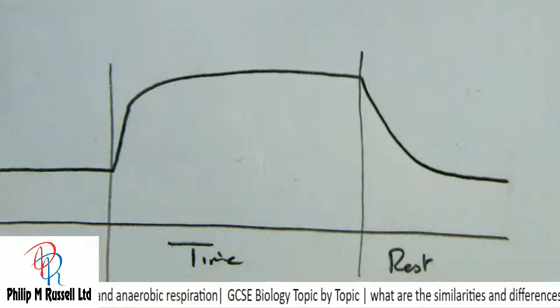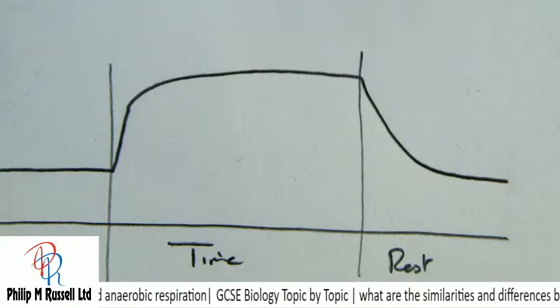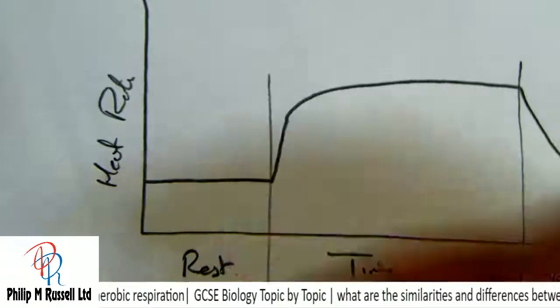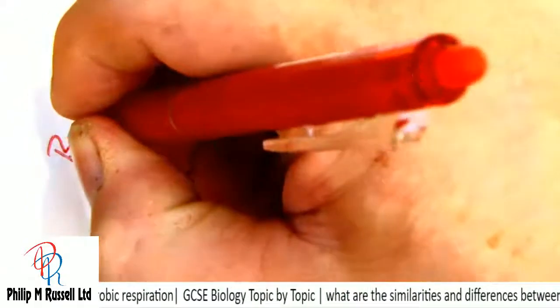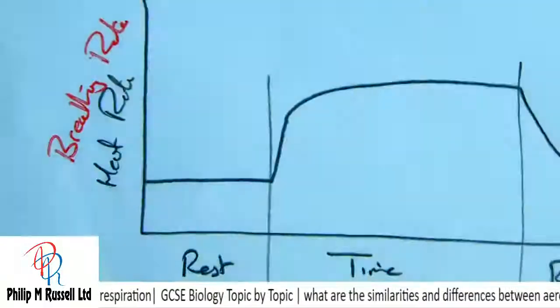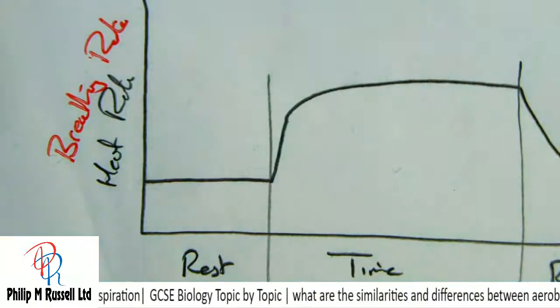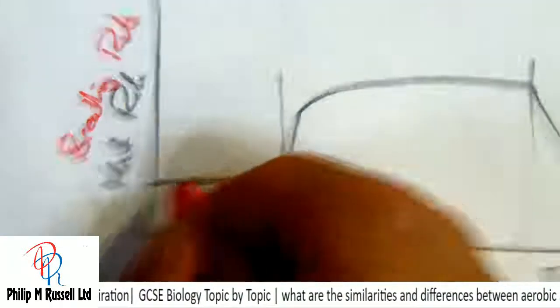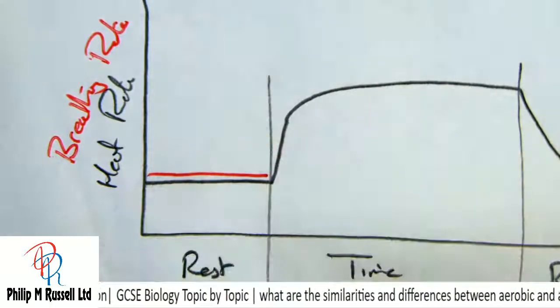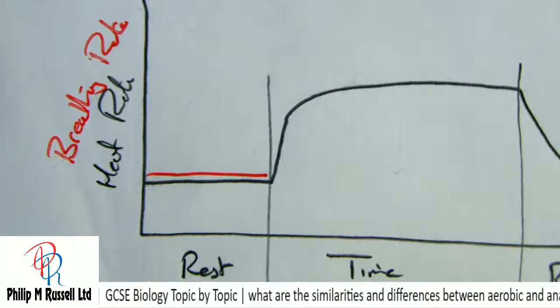If, instead of doing this, I look at my breathing rate, and we'll do this one in red, my breathing rate is going to be fairly constant.